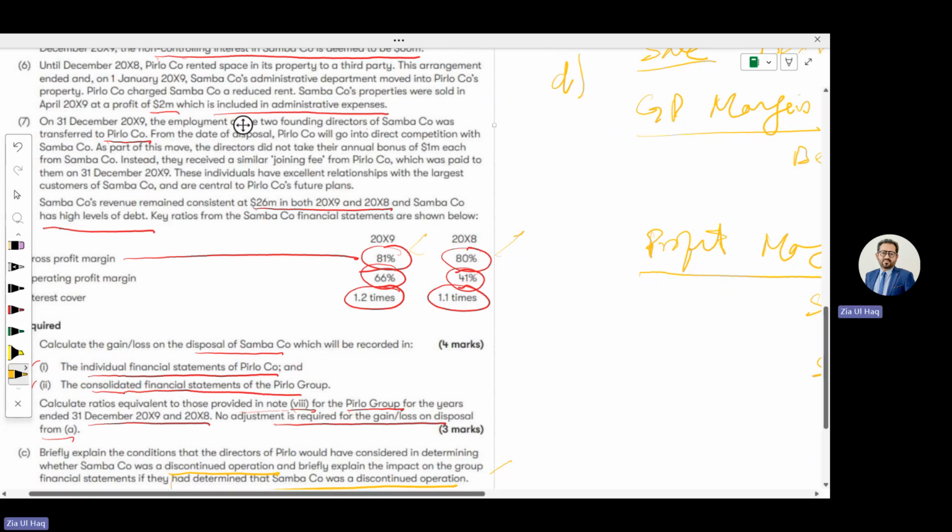There was some information. Samba sold some asset during the year. Yeah, for 2 million. Might be Samba operating profit margin increase to 66% is due to that 2 million profit on disposal. So this could be the reason.